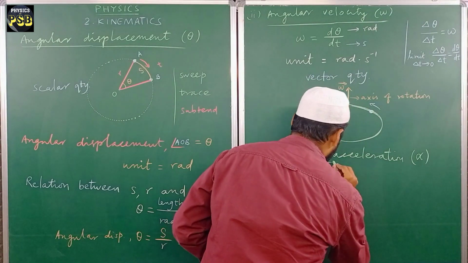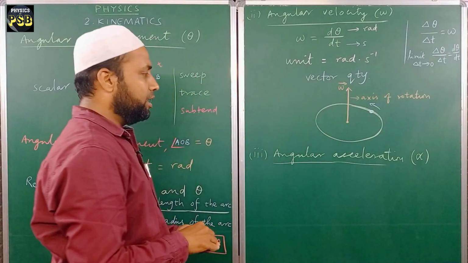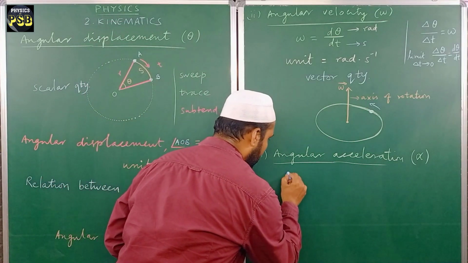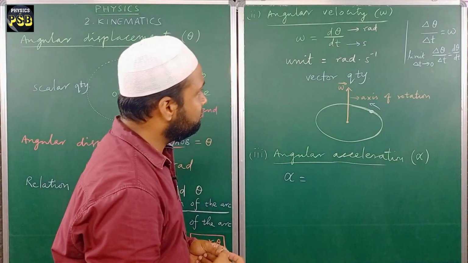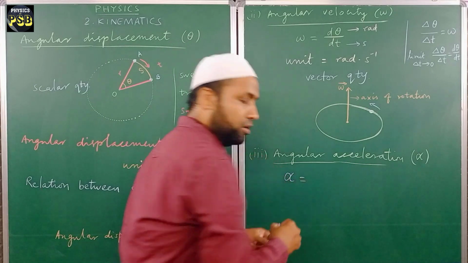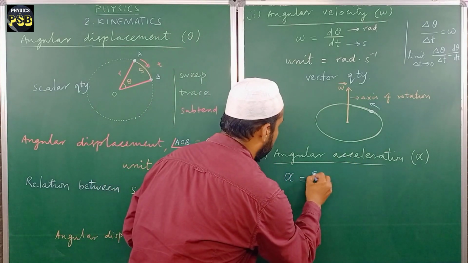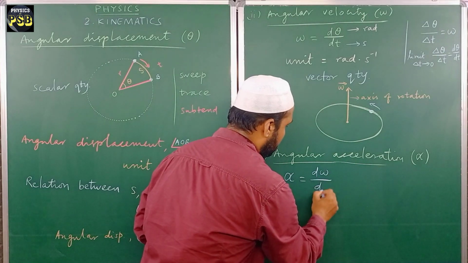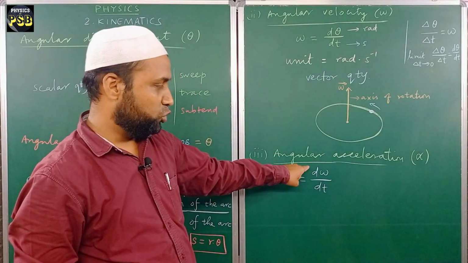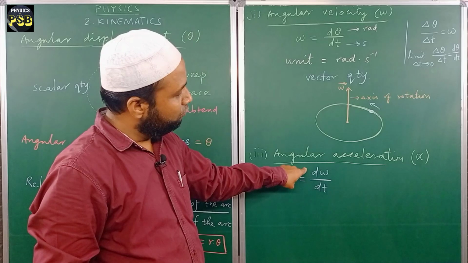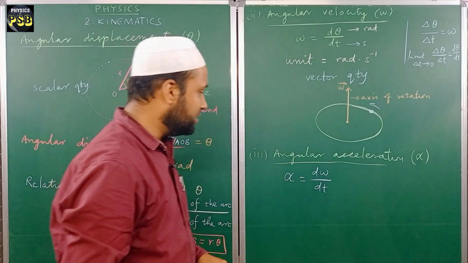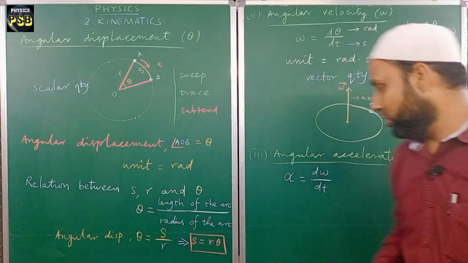Let me show you. Here, angular acceleration, represented by the letter alpha, is actually the rate of change of angular velocity, d omega divided by dt. Change in angular velocity with time. Rate of change of angular velocity is referred to as angular acceleration.